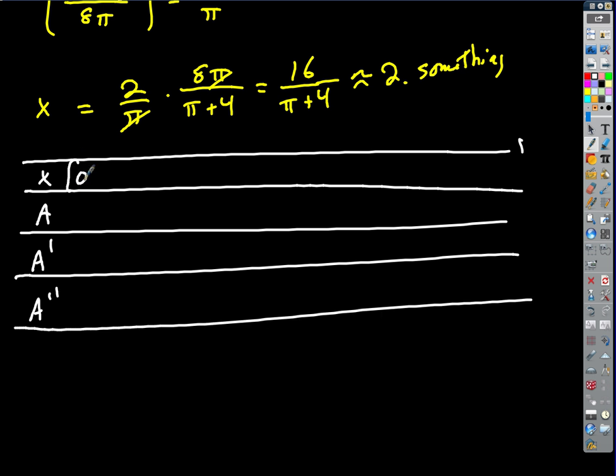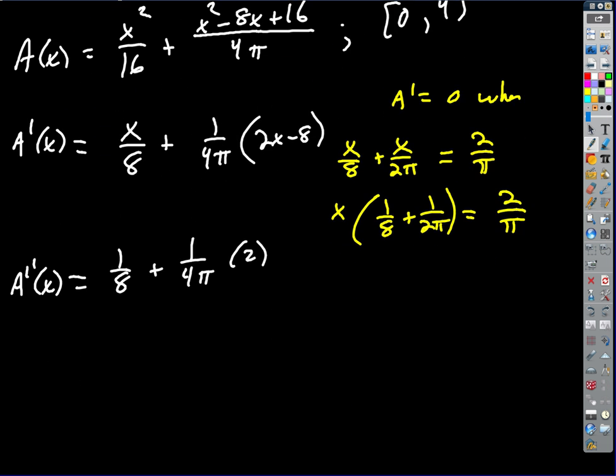We went from 0 to 4 in our domain. The one critical number we got was 2 point something. But that was a 0 of the first derivative. What did we say the sign of the second derivative was everywhere? If we go back and look, it's positive. It's always positive.